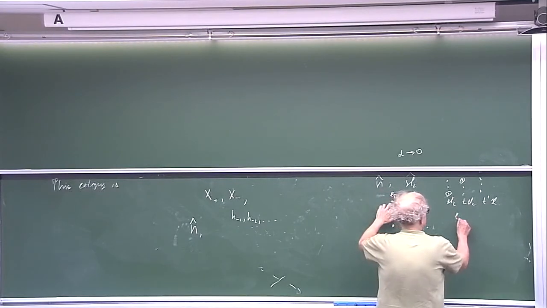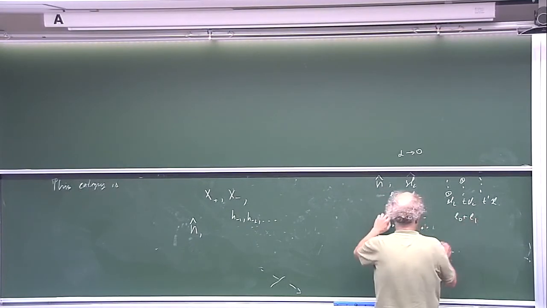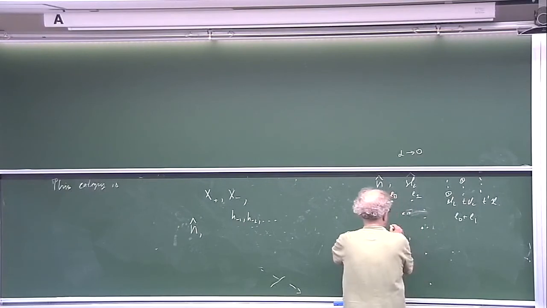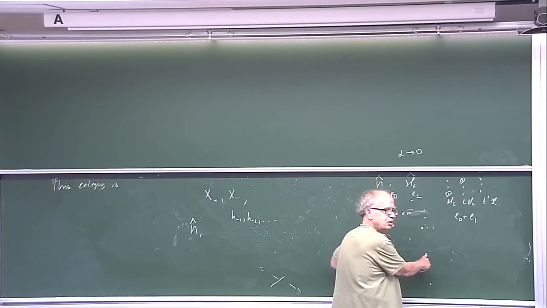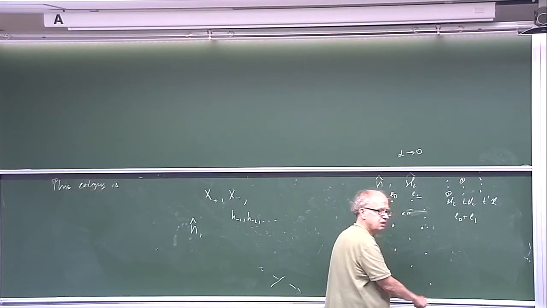Which is E0 plus E1. It is two elements here, then the sum of these two elements, the sum of these two elements, and so on.